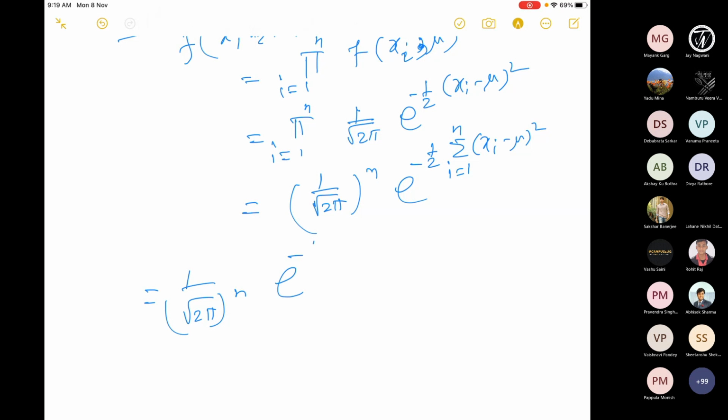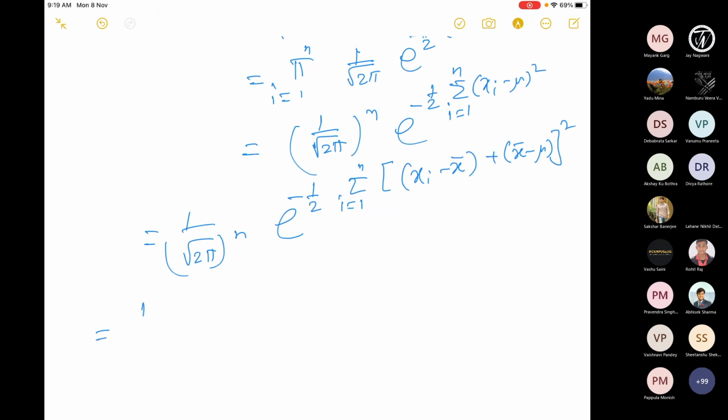I have to somehow bring in x bar, because x bar is the estimator. So I can write the sum over i equal to 1 to n of (xi minus x bar plus x bar minus mu) whole square.